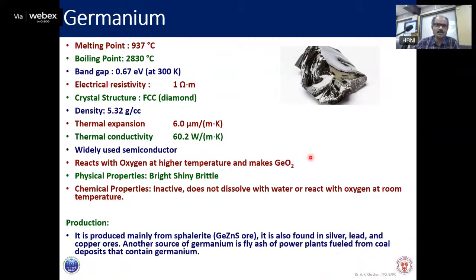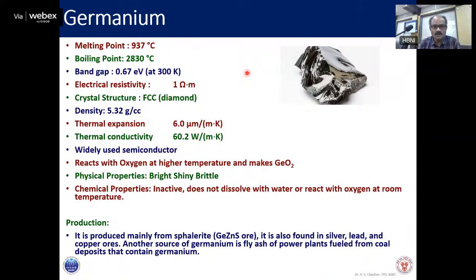Germanium is another important elemental semiconductor, which has a slightly lower melting point of 937. The boiling point is 2830. The band gap, as compared to silicon, is very low, 0.67 electron volt.